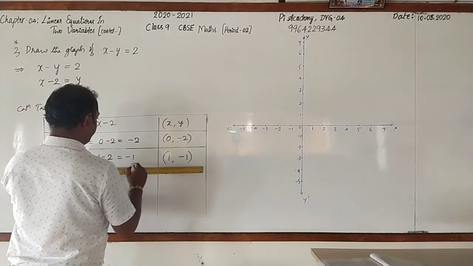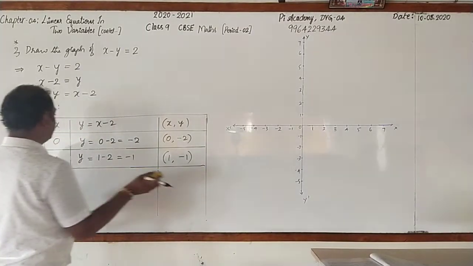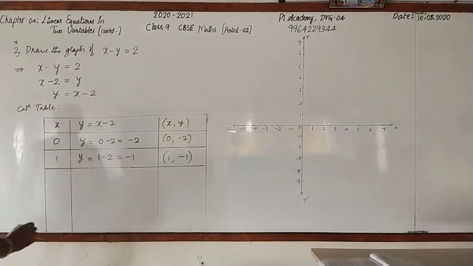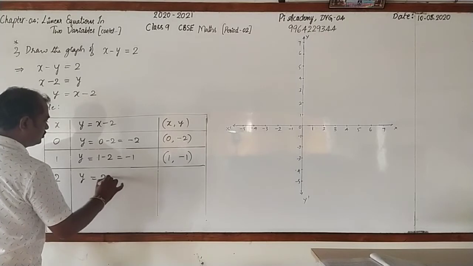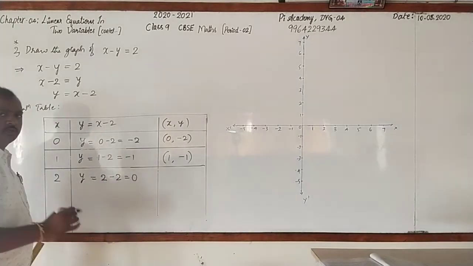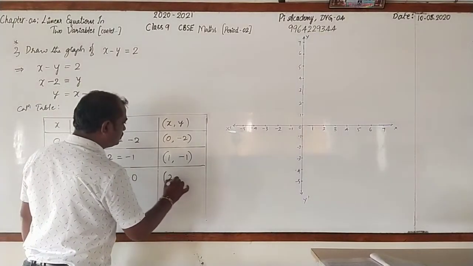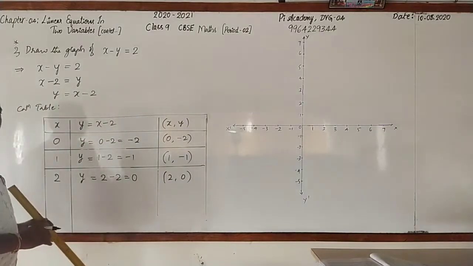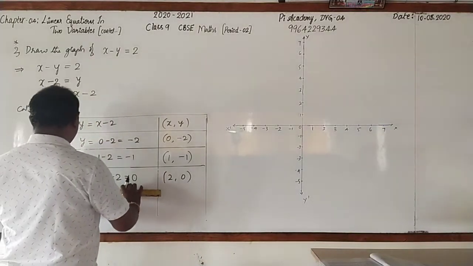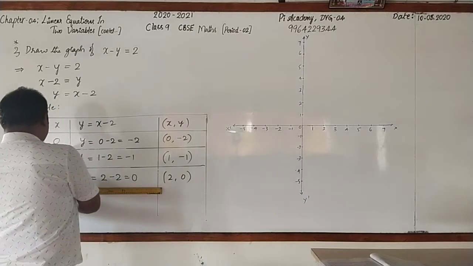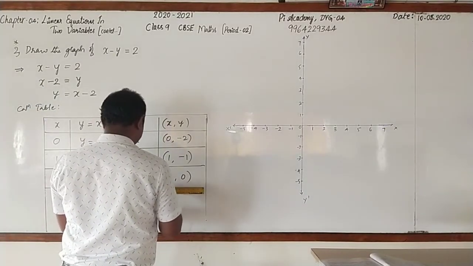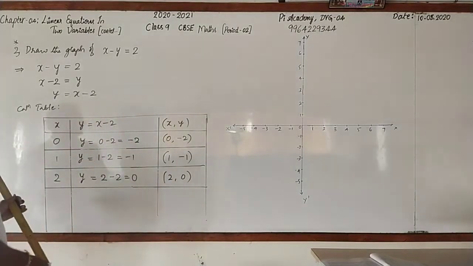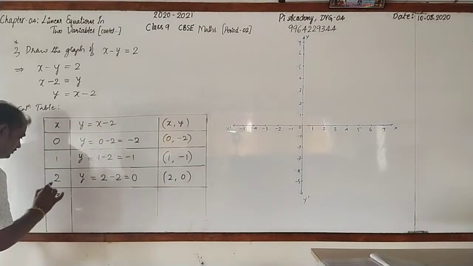Next, let me take 2. Y is equal to, in place of x, 2 minus 2. What is 2 minus 2? 0. When x is 2, y is 0. If you want, go for one more. Take 3 and calculate yourself. Observe, 3.